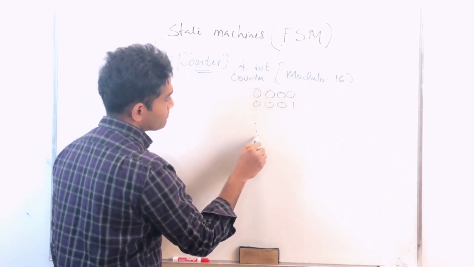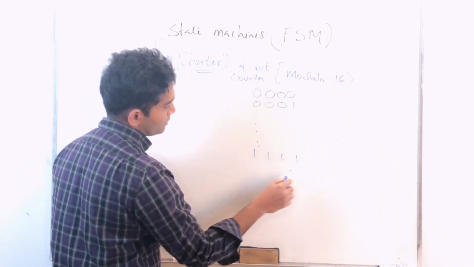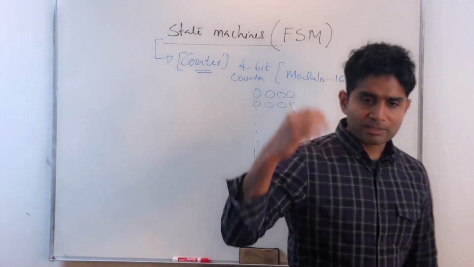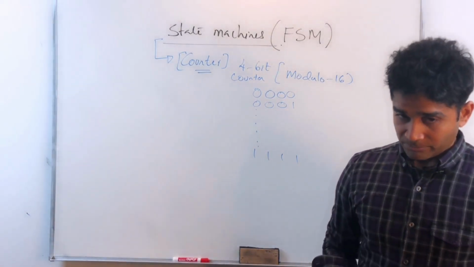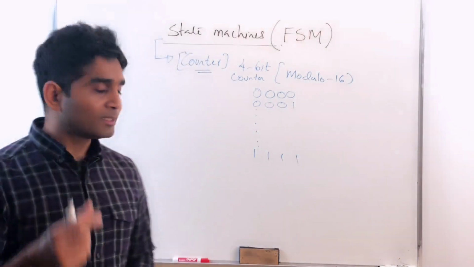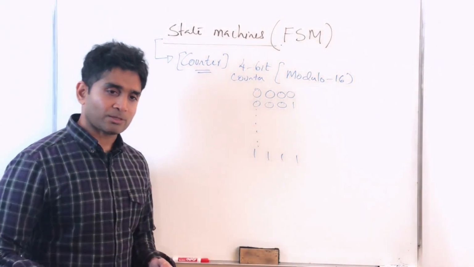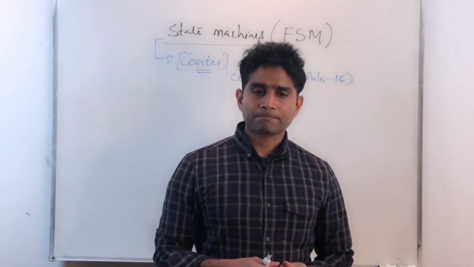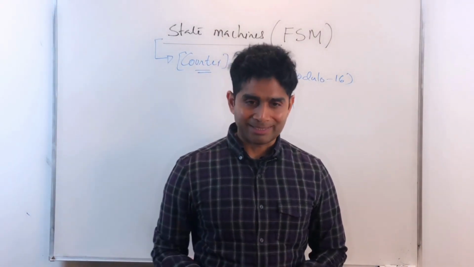You can count up all the way to 1, 1, 1, 1, and then reset to 0, 0, 0, 0, and count up again. Each count, of course, is synchronized with the master clock. So with every clock pulse, you're counting ahead.